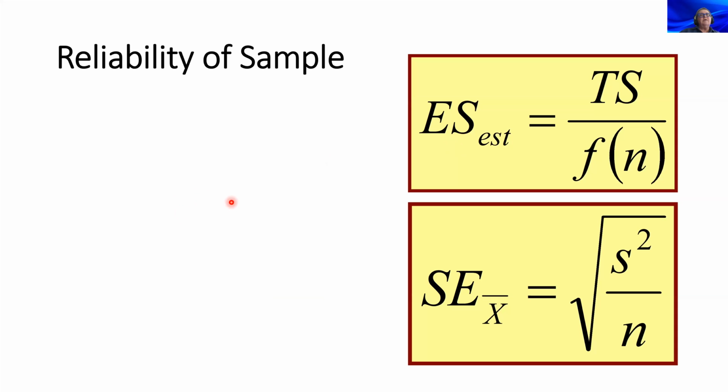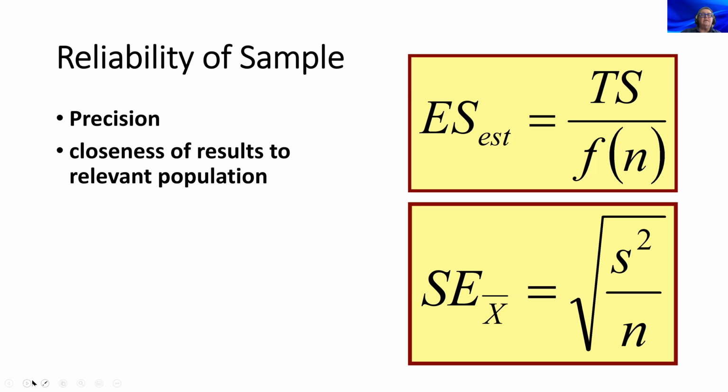One of the areas that makes a big impact in our work is how reliable our data is. And the reliability of the sample refers to precision. We consider the precision as the standard error of the mean, which is the standard deviation, or the variance divided by n, and then we take the square root of that function.